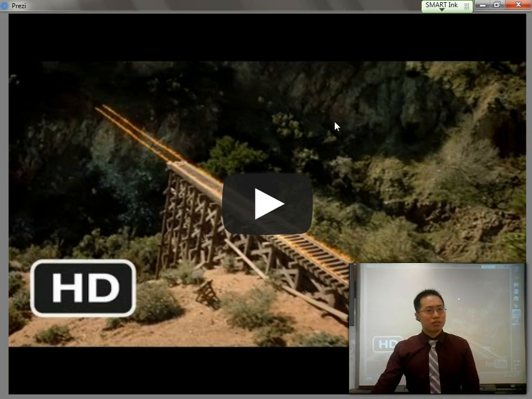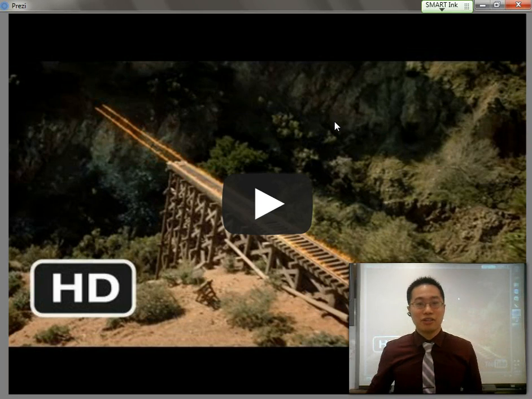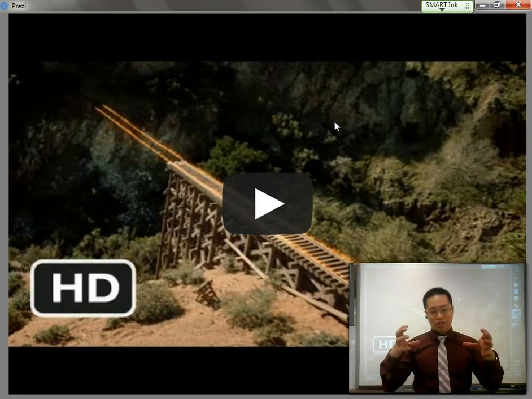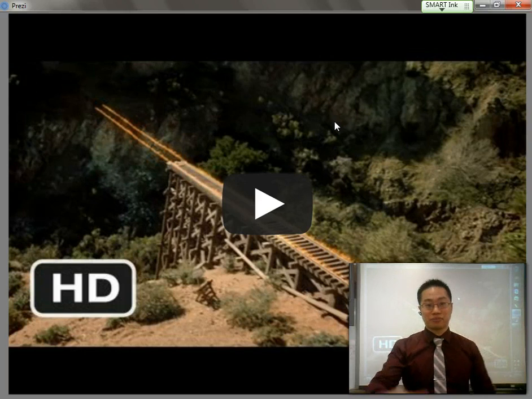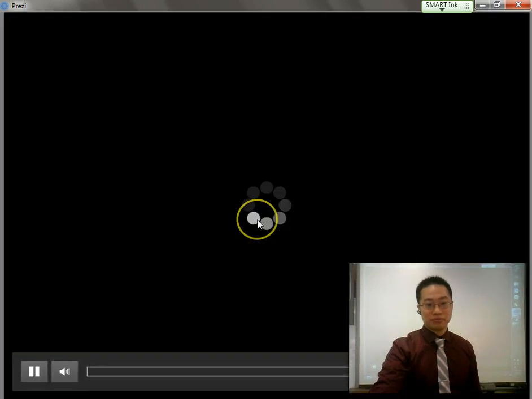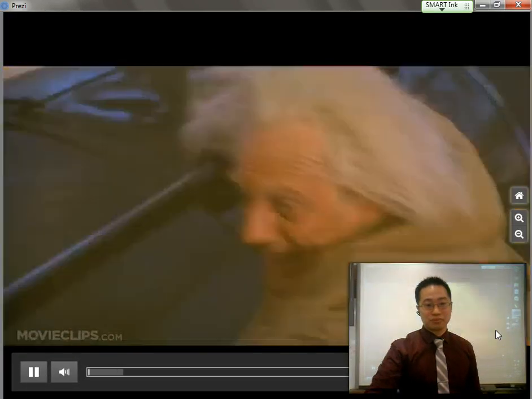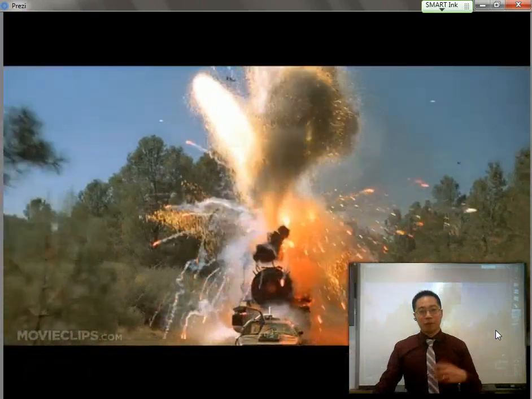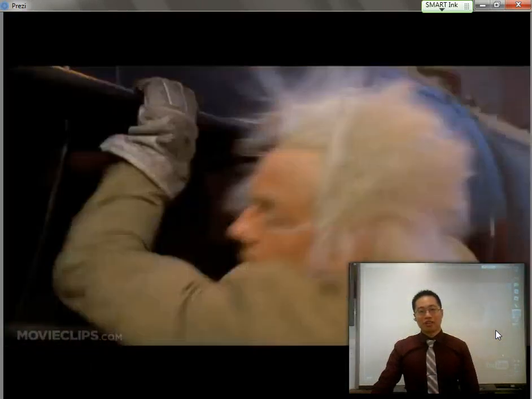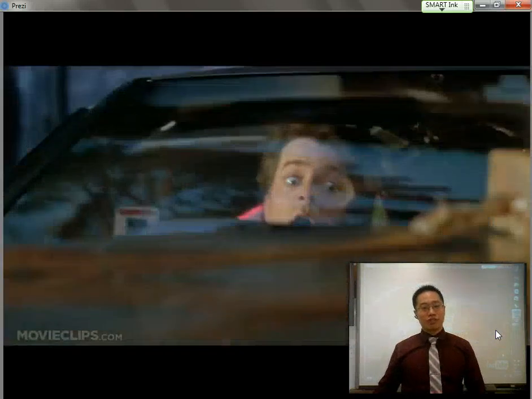The problem was, locomotives couldn't go that fast. So what Dr. Brown did was he created these 3 special logs that burned extra hot. Now the problem is, when temperature increases, pressure increases.